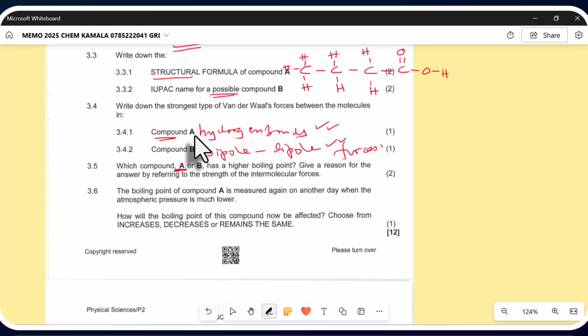The boiling point is defined as the temperature at which the vapor pressure of a liquid, in this case compound A, is equal to the external atmospheric pressure. So it decreases since it was measured at a lower atmospheric pressure. That was question 3, and I hope you guys were together.